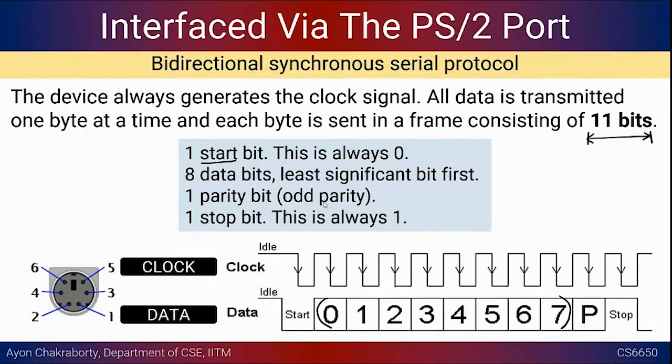So based on how many were ones within the 0 to 7, I want to place the parity bit as 1 or 0. And then there is a stop bit, which means we are done. The data communication has been completed. And then there is a clock signal, and this is synchronous between the device and the microcontroller or the host.